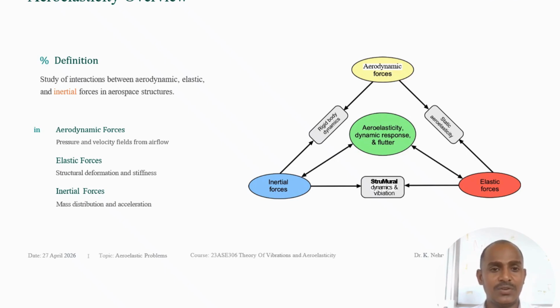Inertial force arises due to mass and acceleration. When these three forces interact improperly, structural instability may occur. That is why aeroelasticity is a key discipline in aircraft design. This is a triangle which indicates the interaction between aerodynamic force, inertia force, and elastic force.